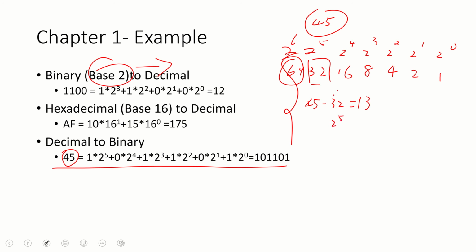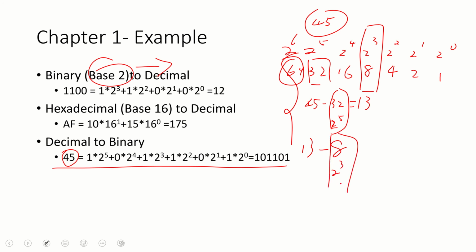Okay, so this one is 2 to the power of 5. Then you got 13. You find the closest one that is smaller. 13 is between these, so we take 8, which is 2 to the power of 3. Then what's the number? It's 5.